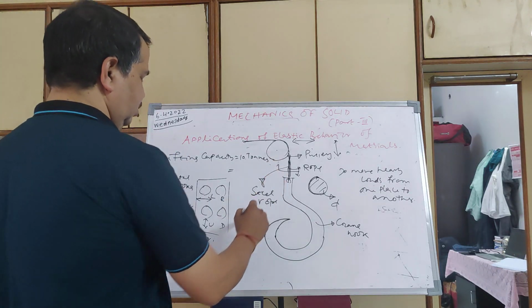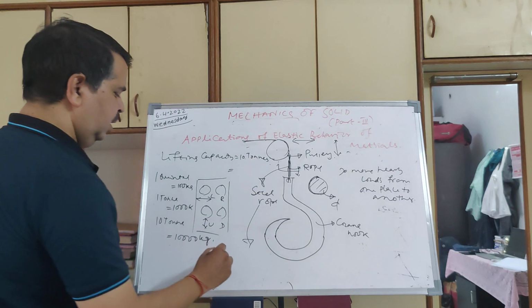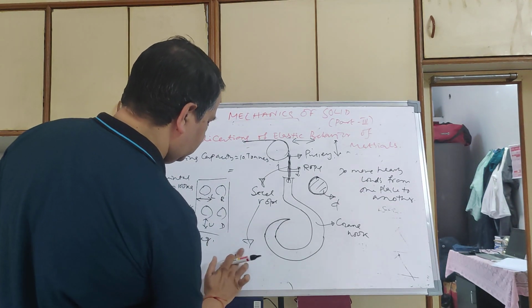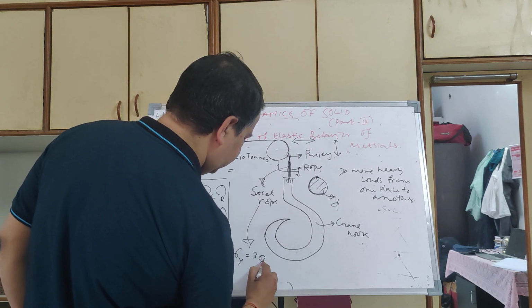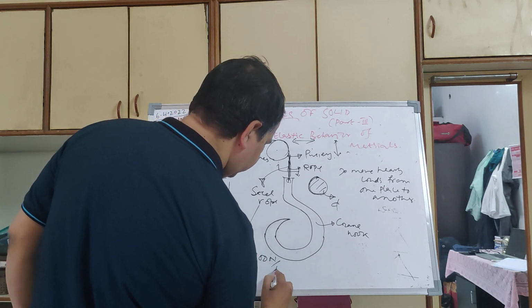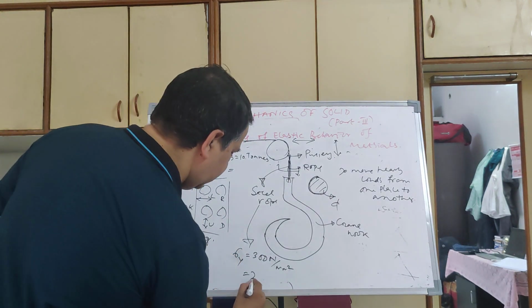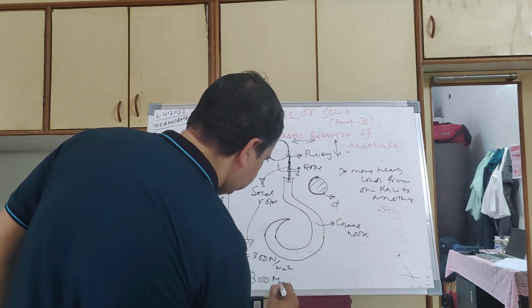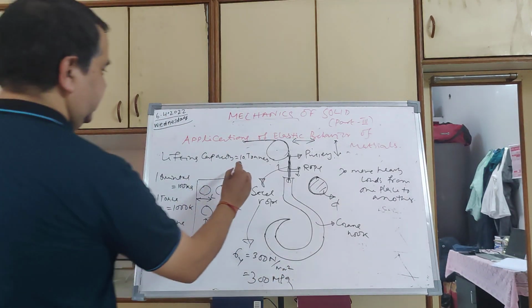So the rope is made of steel, and the stress should not exceed the yield strength. Yield strength is 300 Newton per mm square, that is 300 MPa, the strength of this steel. It should carry 10 tons.